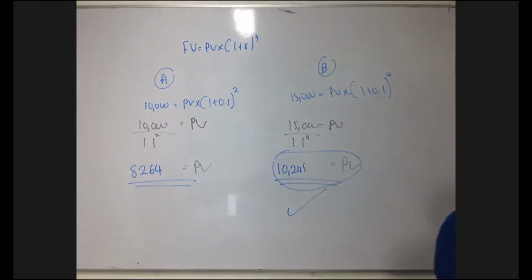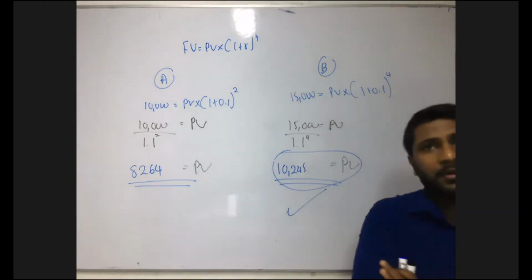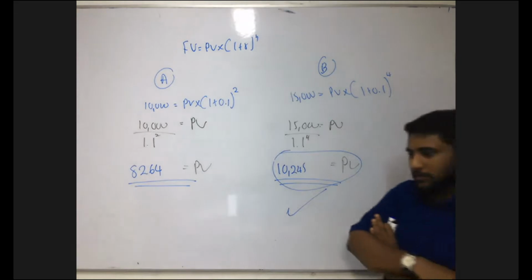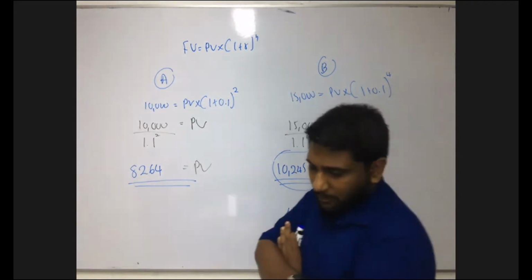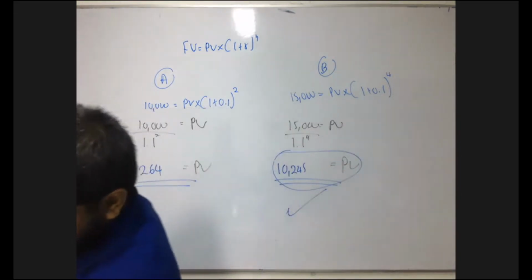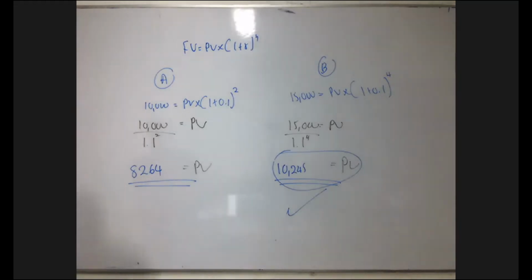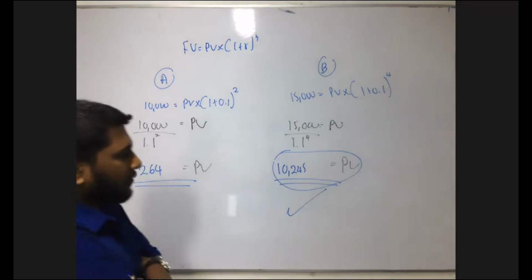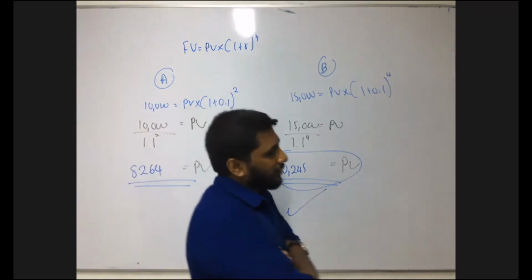Rate is 10%. Calculate the present value. Write down the next question, guys. Get the answers for all 3 questions at once.